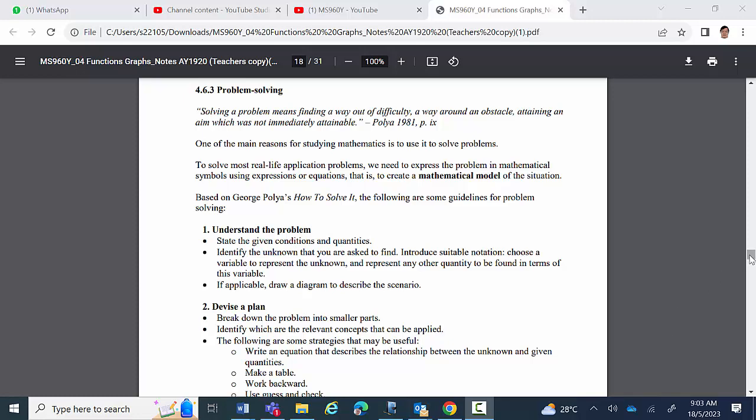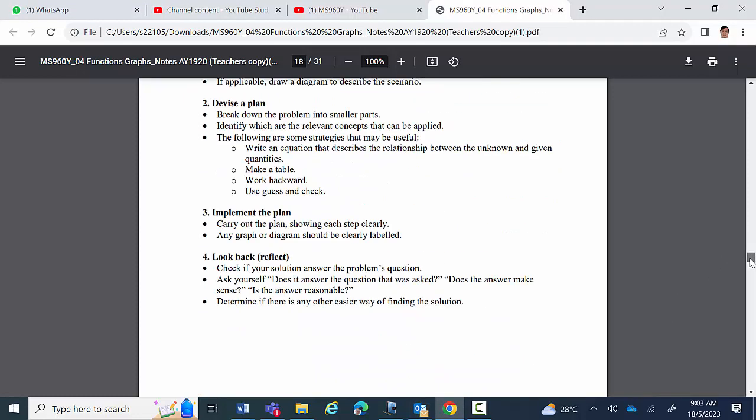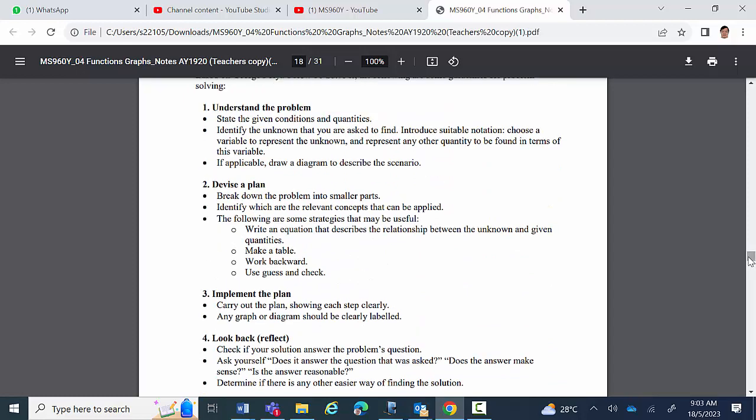So you state the given conditions and quantities, highlight them, identify the unknown that you are asked to find, introduce suitable notation, choose a variable to represent the unknown, and represent any other quantity to be found in the variable. If applicable, draw a diagram to describe the scenario.